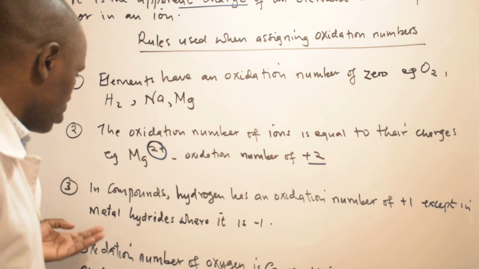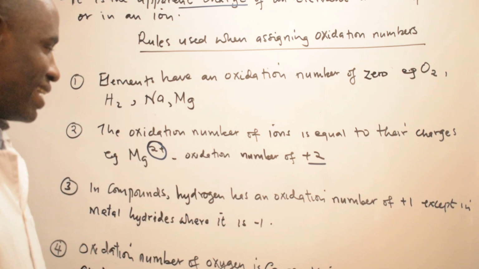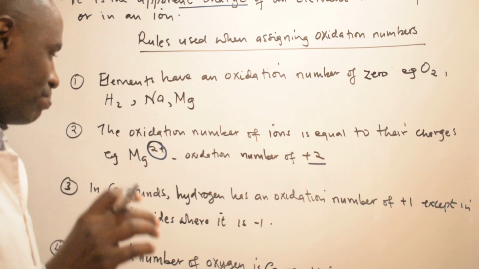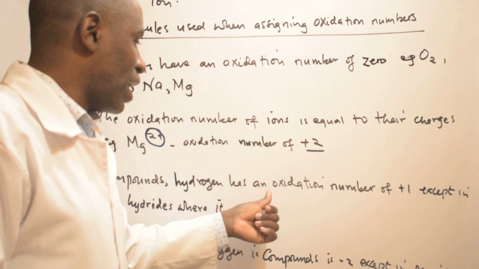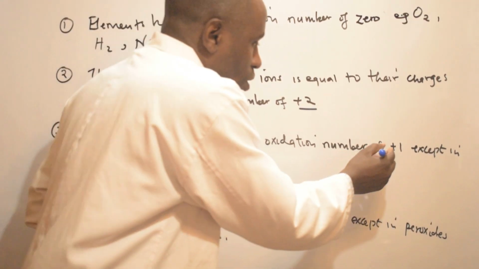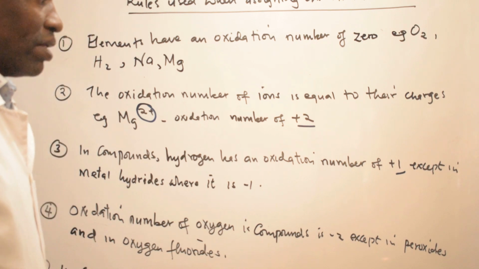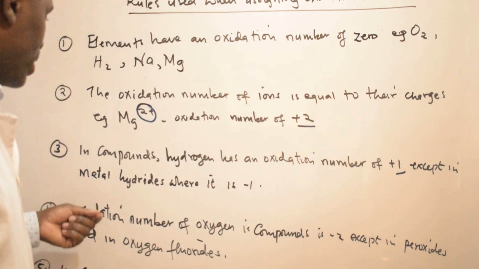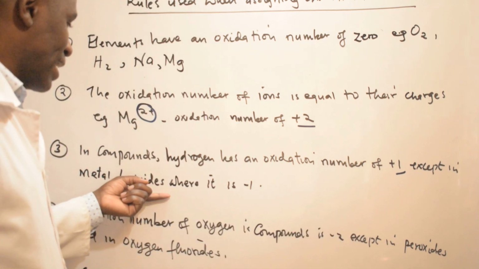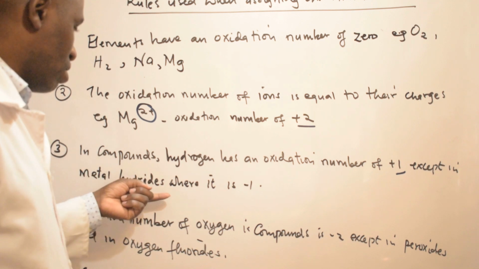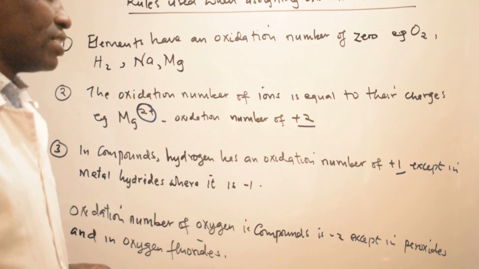Now then, something else here: in compounds, hydrogen will always have an oxidation number of positive 1. But there is an exemption where we have metal hydrides, where it is a negative 1.